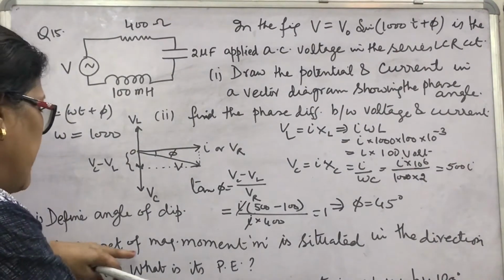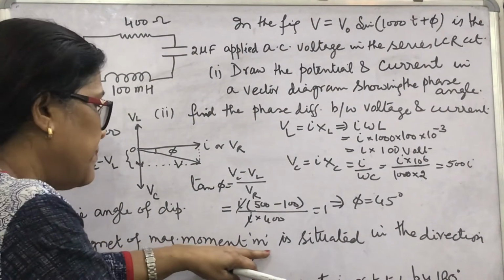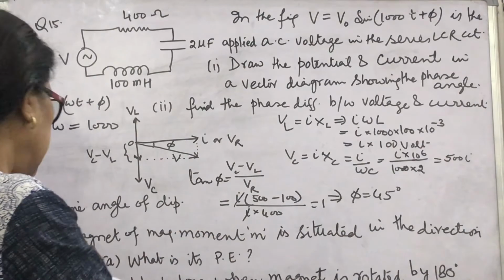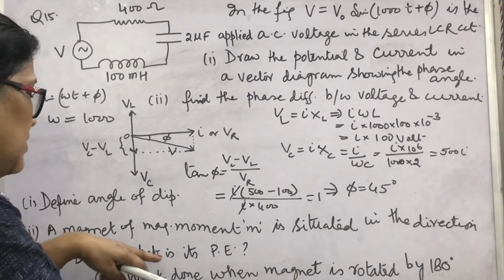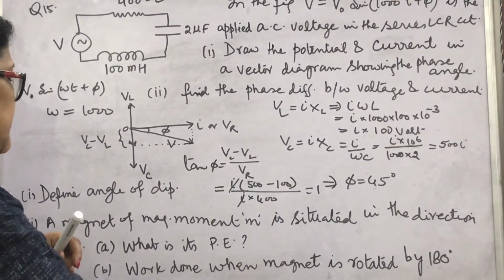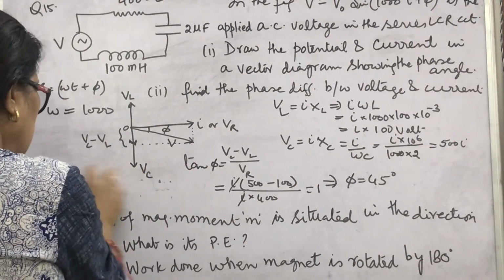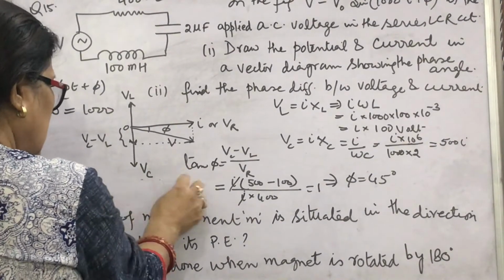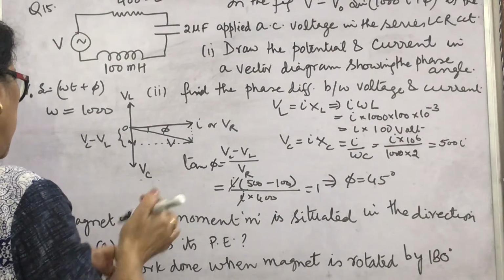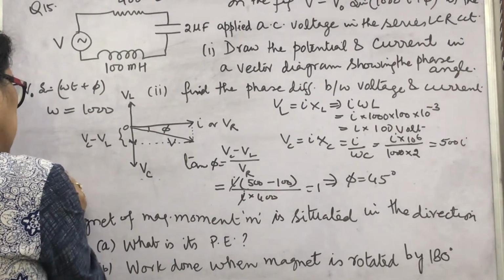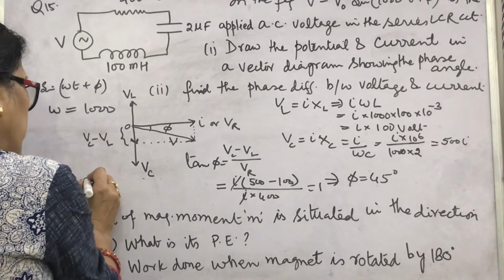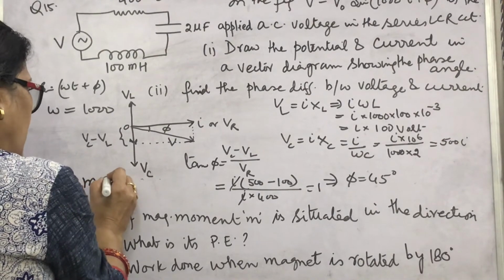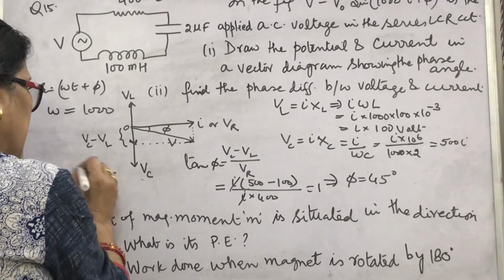Second, a magnet of magnetic moment M is situated in the direction of the magnetic field. What is its potential energy? As you know, potential energy is given by U equal to minus M dot B, where U is the representation of potential energy. M and B both are vectors.